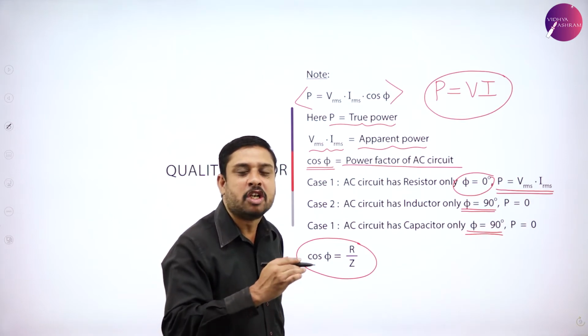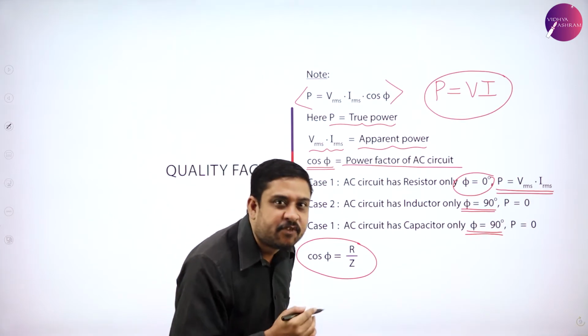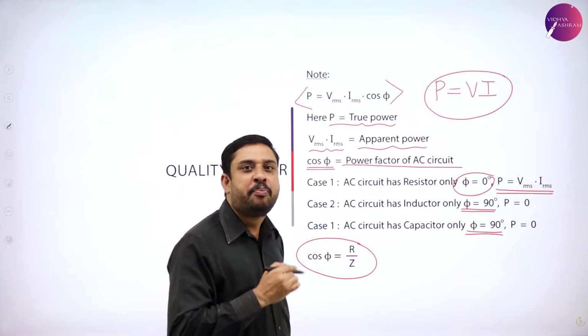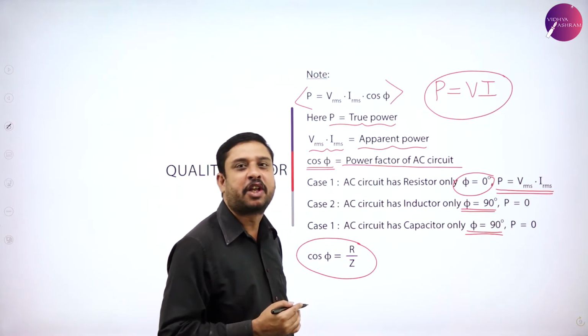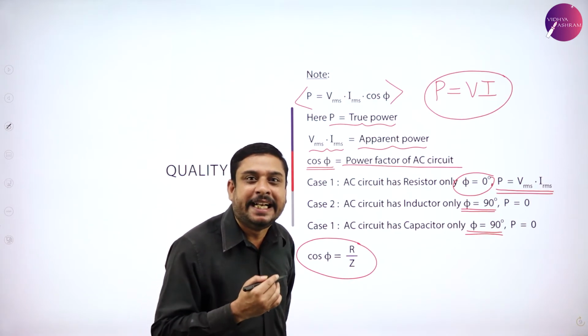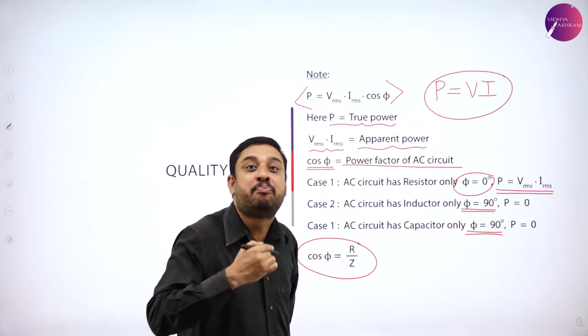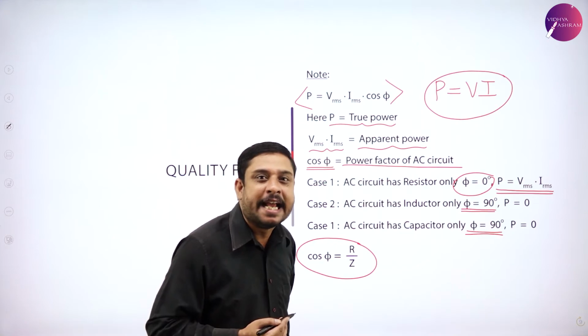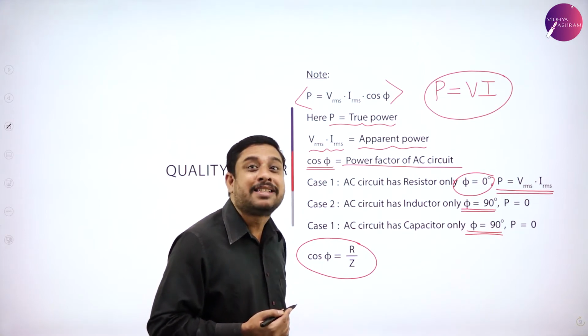Either it was a pure inductive circuit or a pure capacitive circuit, a phase difference of 90 degrees will appear between voltage and current.